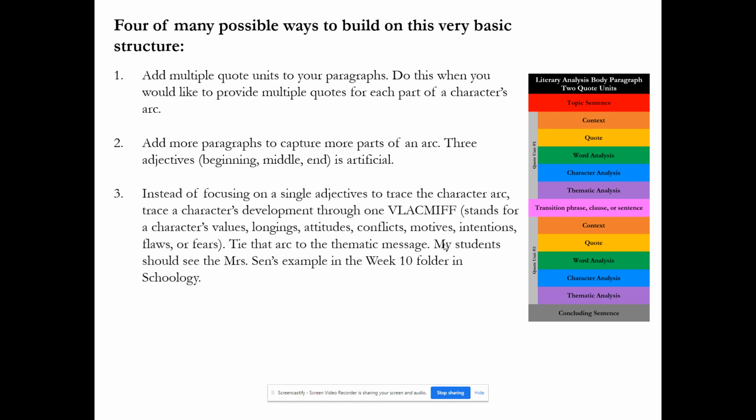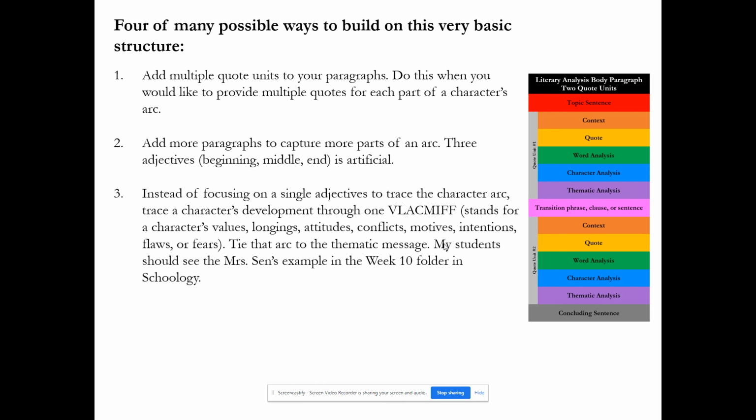A third thing you can do, this is definitely something I would have juniors do when I teach them in honors American literature. So instead of focusing on single adjectives to trace the character arc, a character's development is traced through one VLACMIF. VLACMIF is an acronym standing for values, longings, attitudes, conflicts, motives, intentions, flaws, and fears.